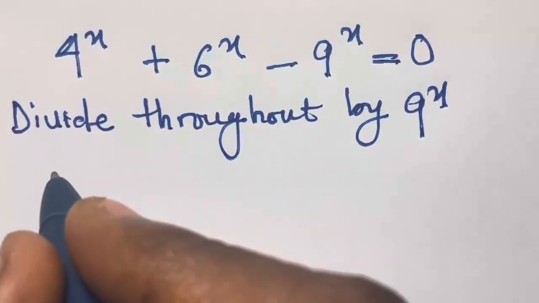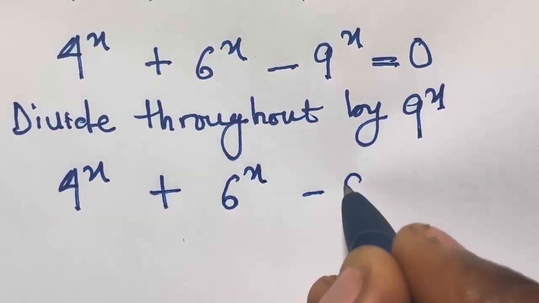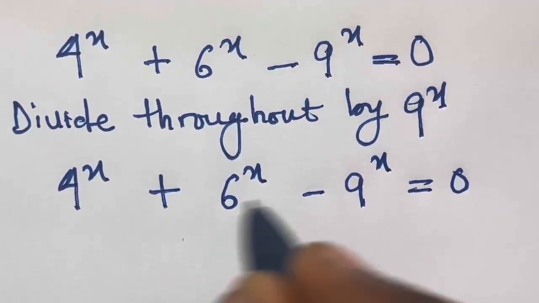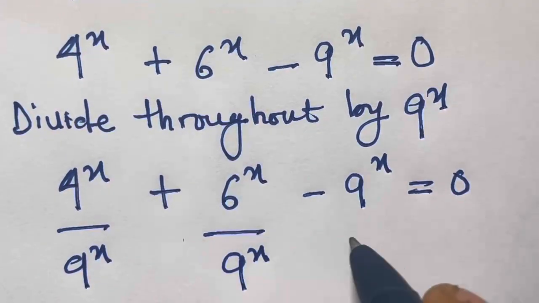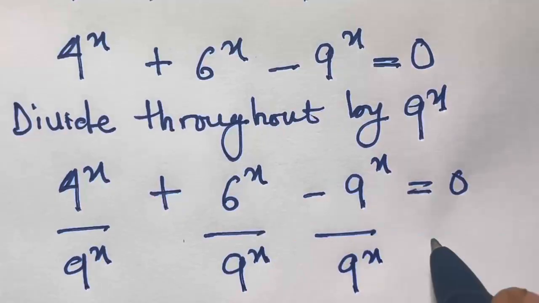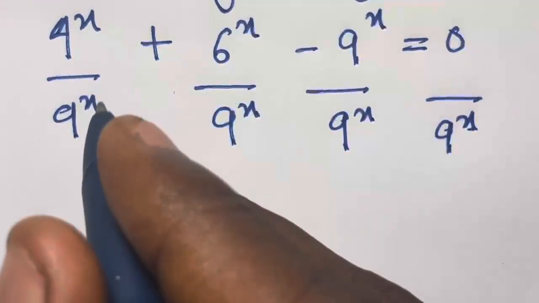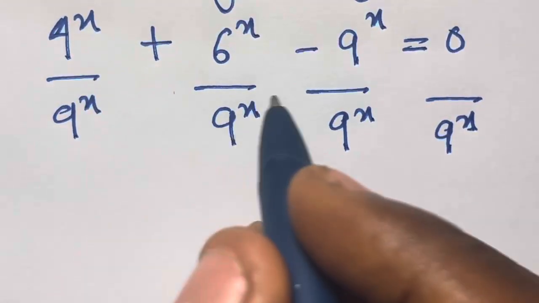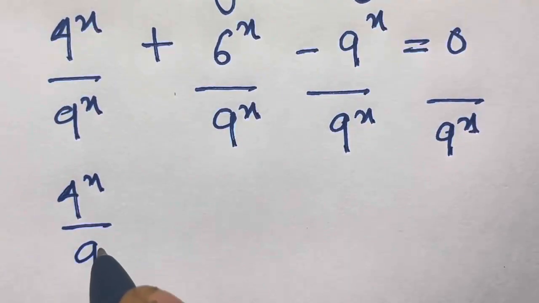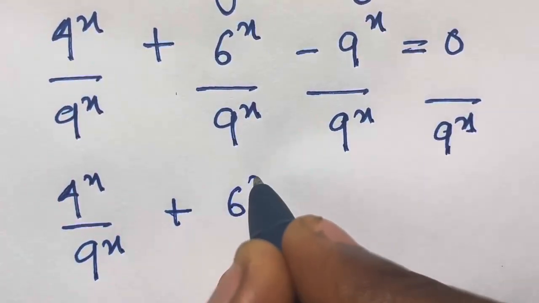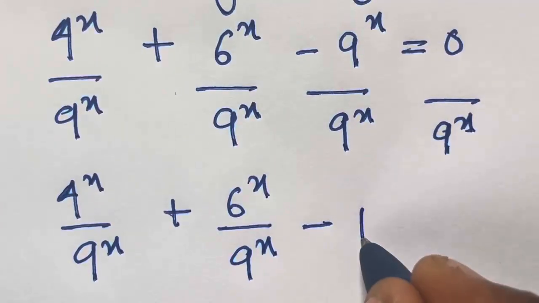If we do, we'll have 4^x + 6^x - 9^x = 0, with each term divided by 9^x. So from here we'll have 4^x divided by 9^x plus 6^x divided by 9^x minus, this will give us, 1 equals 0.